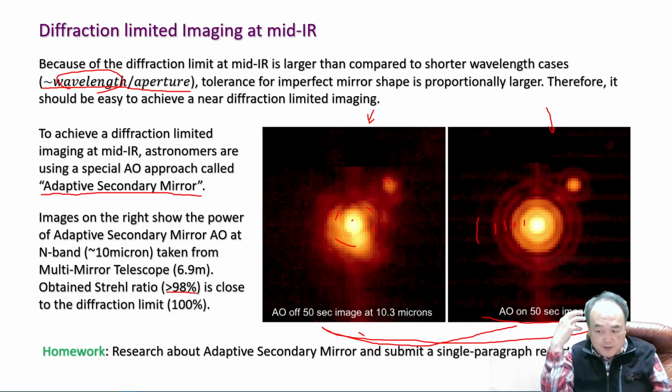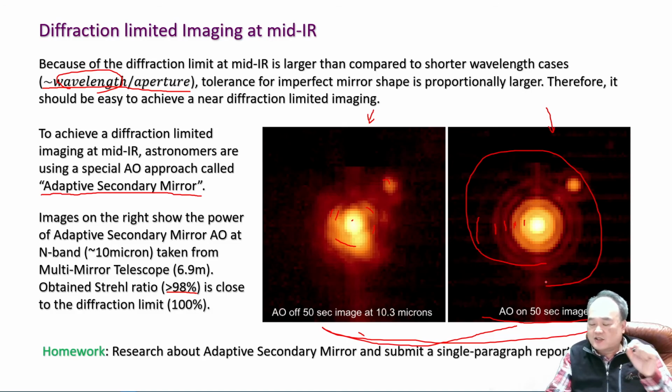The theoretical perfect diffraction limited imaging should have a Strehl ratio of 100%, right? So a Strehl ratio of 1. But this is already achieving a Strehl ratio of 0.98. That's remarkable. Okay, this was done by using the adaptive secondary mirror.